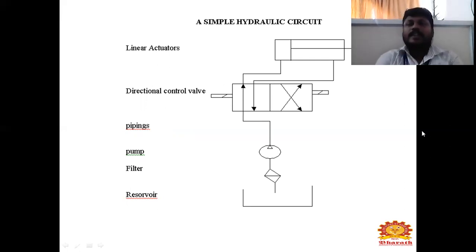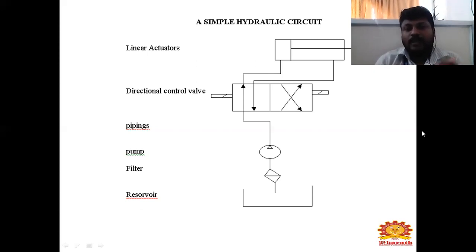Here, what they have given is a double acting cylinder, which has two ports. One will be an inlet port, and another will be an outlet port. If the piston is moving, this port will act as an inlet port and this port will act as an outlet port. If this port is acting as an inlet port, this port is acting as an outlet for the retraction position.